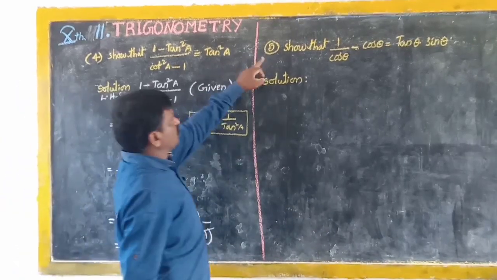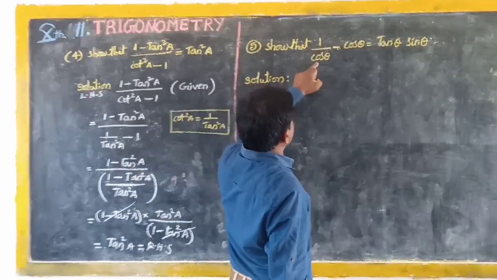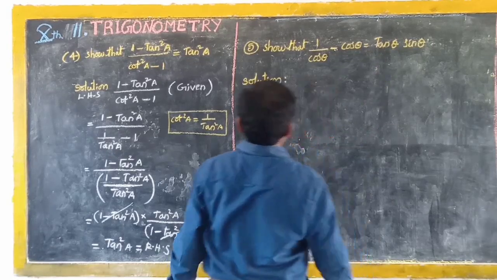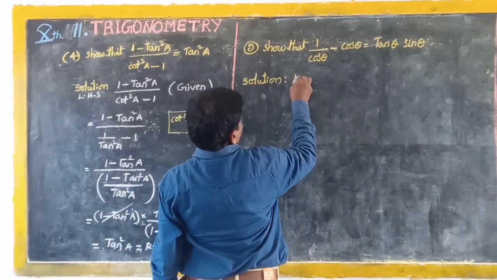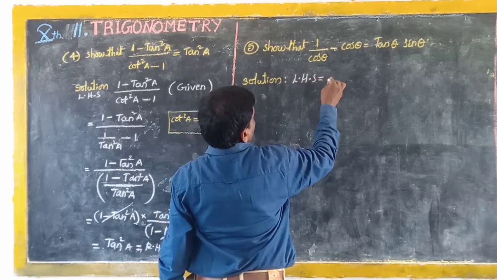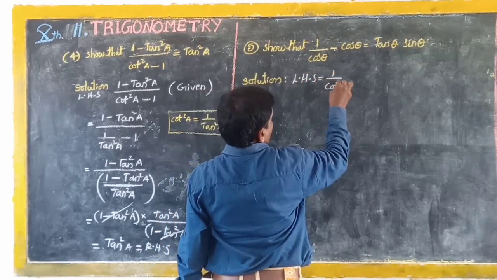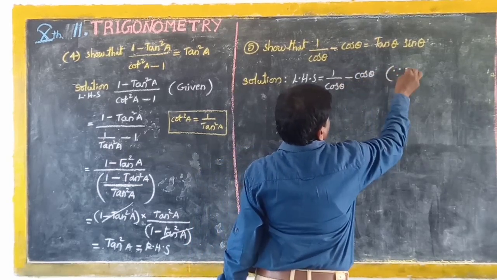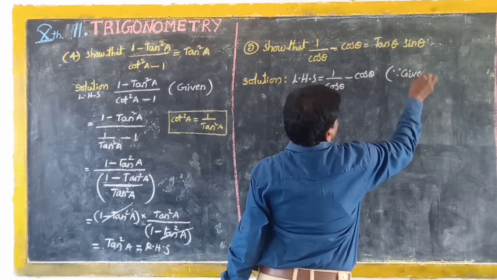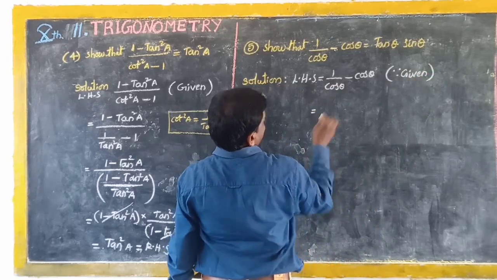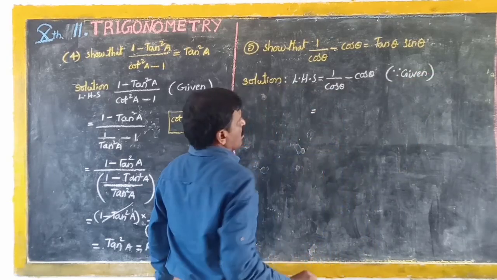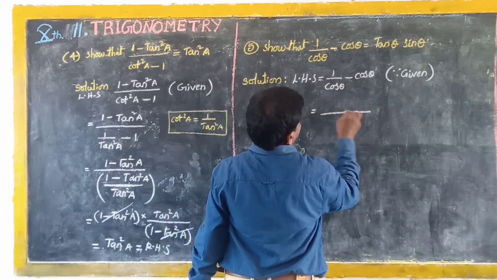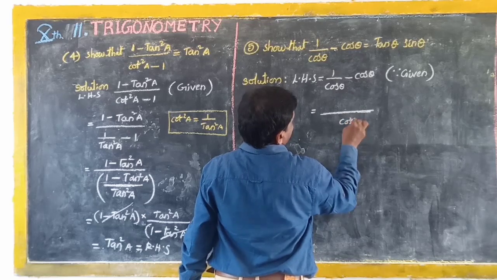Next, fifth sum. Prove that 1 by cos theta minus cos theta is equal to tan theta into sin theta. Solution. LHS is equal to 1 by cos theta minus cos theta. The LCM is cos theta.